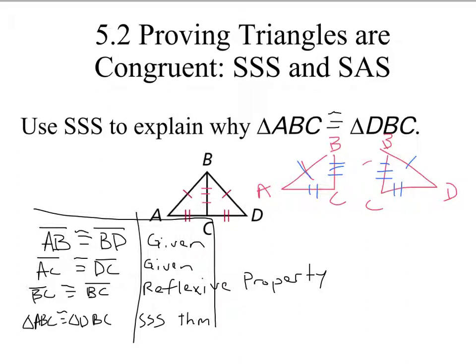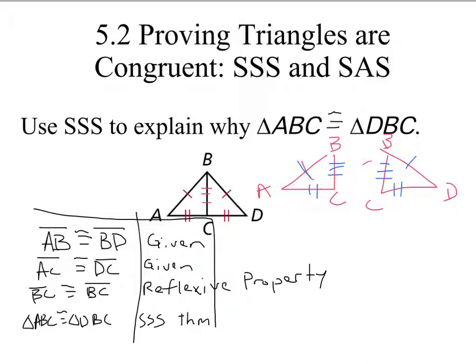I went through the given information, and I went through an argument with BC is congruent to BC because of the reflexive property. Therefore, I know that triangle ABC is congruent to triangle DBC because all of our sides are congruent. So this is an explanation with logical arguments.